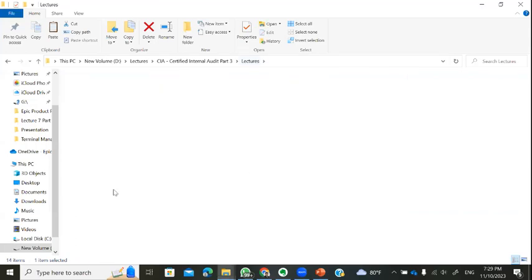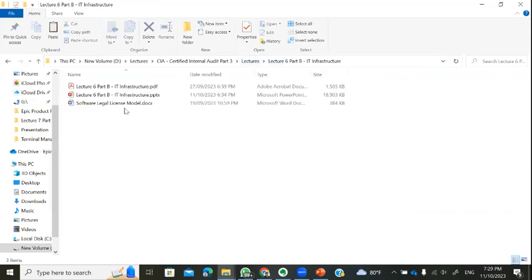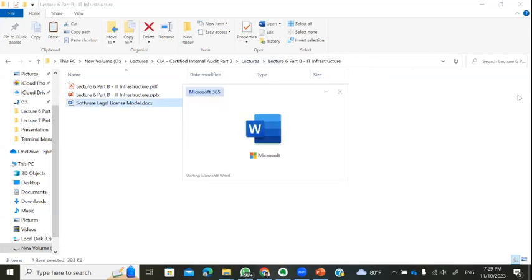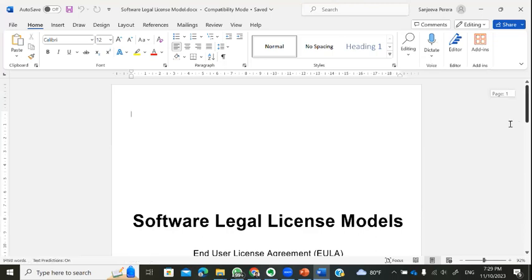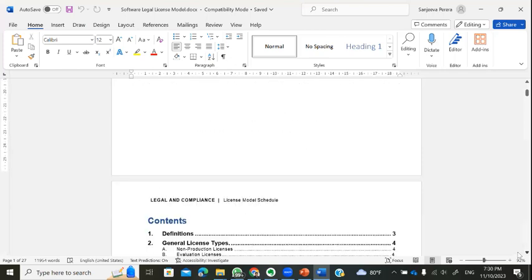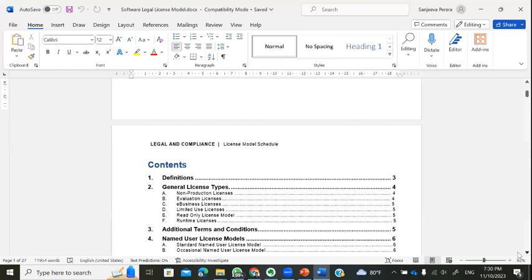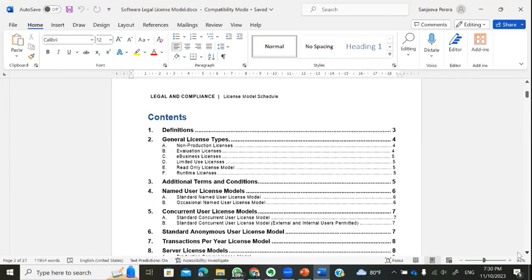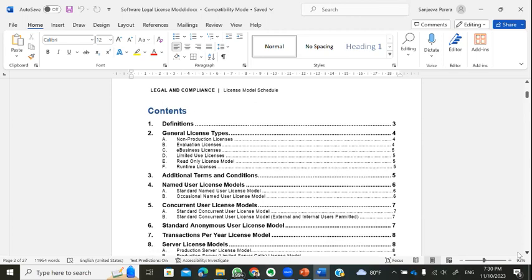And I have included the software legal licensing models document, which is in your tiny URL. So here, end user license agreements, software license agreements, software application end user licensing agreement. So various models are there in software licensing. So general license types, non-production license, evaluation license, e-business license, limited use licenses, read-only license model, runtime licenses.